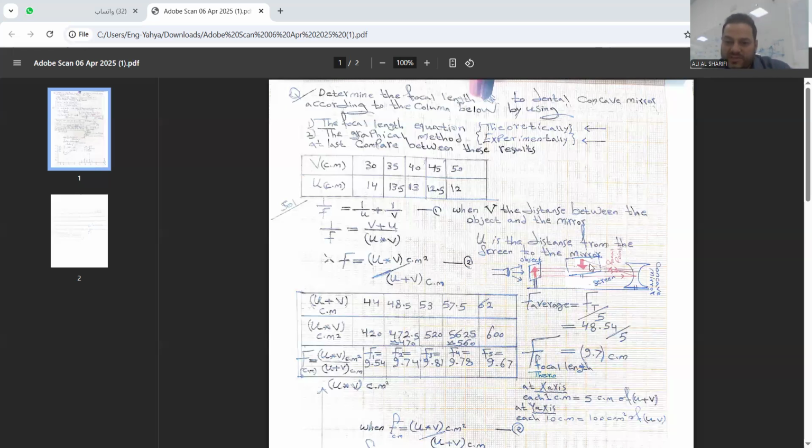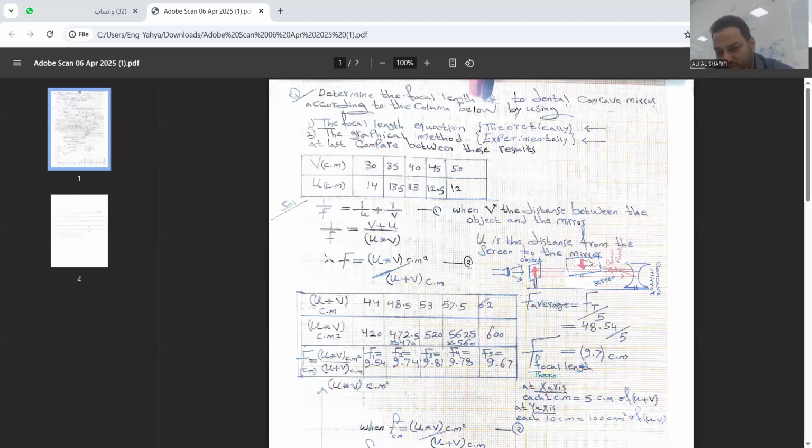This simple picture illustrates the mirror, and the screen is in front of my mirror, okay?